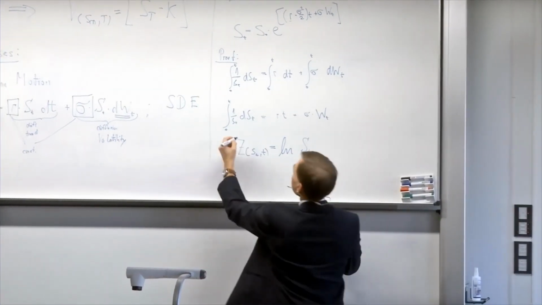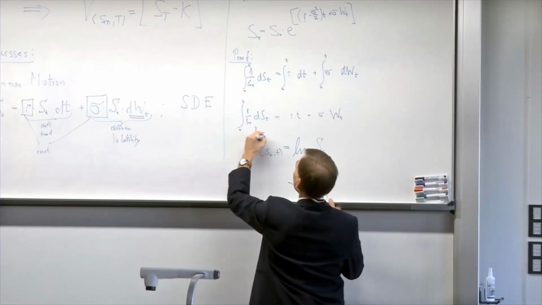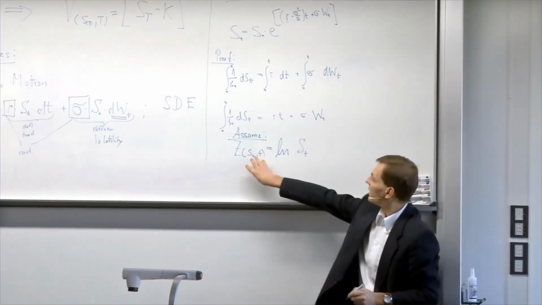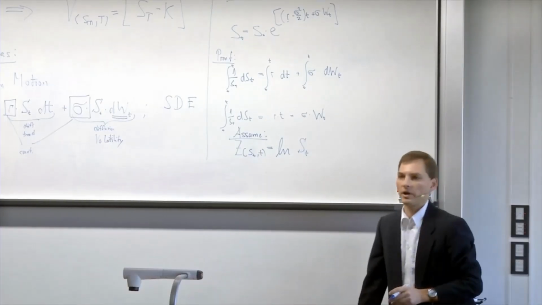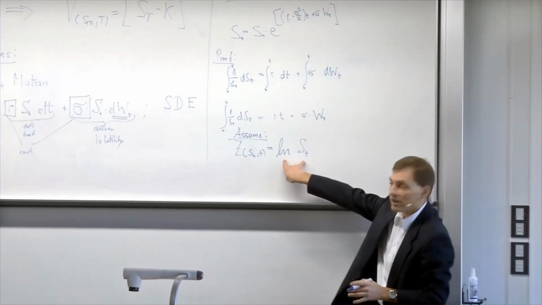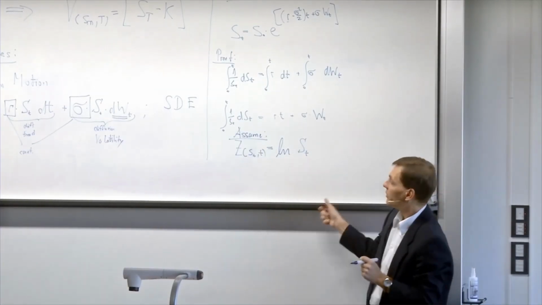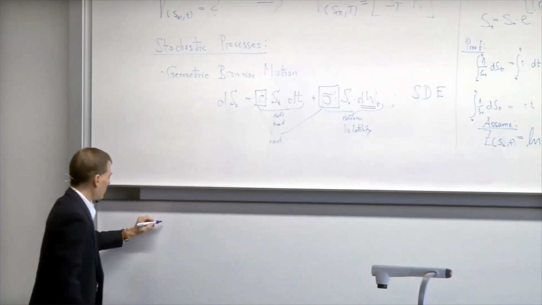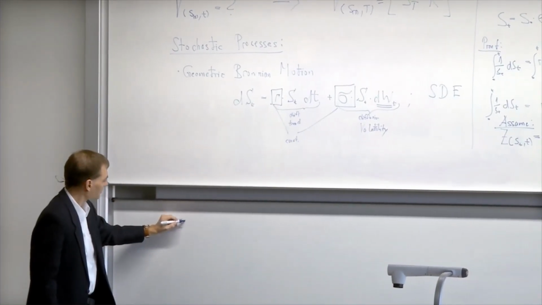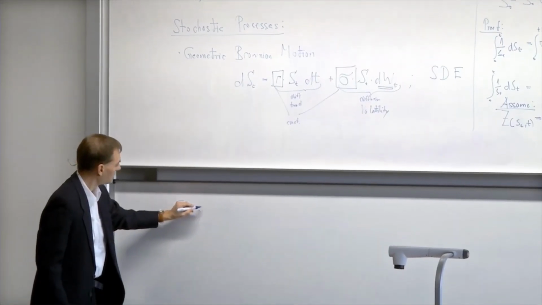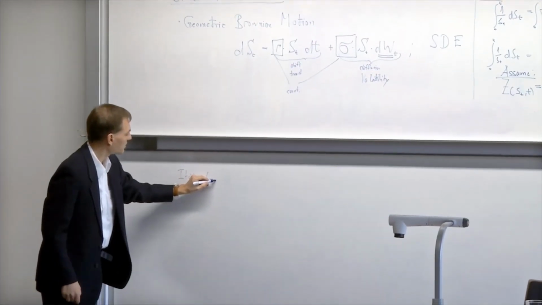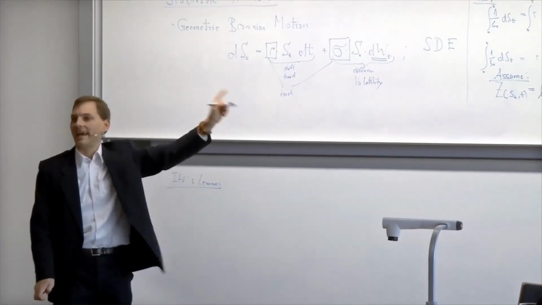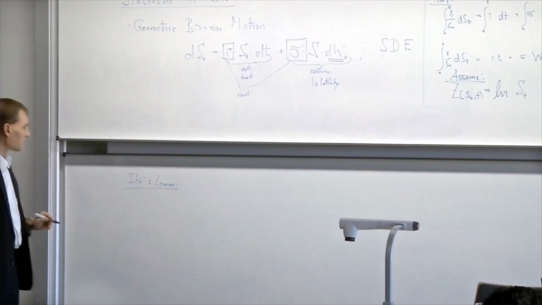So you assume there's a function, it's the log of the stock price. And now I apply Ito's lemma, or formula, on this function Z. And now take a look.